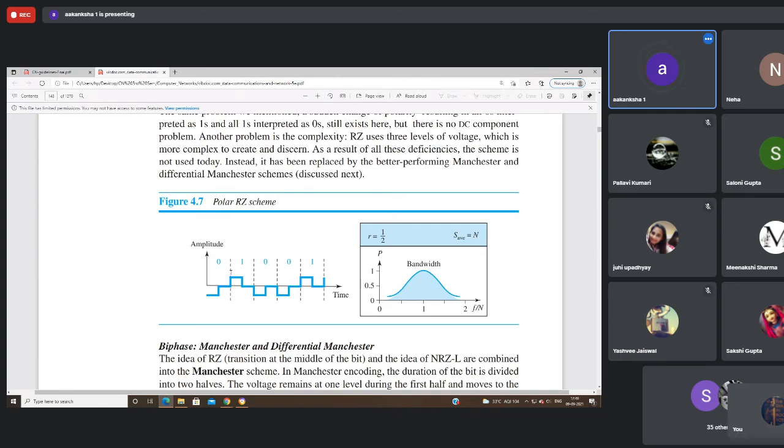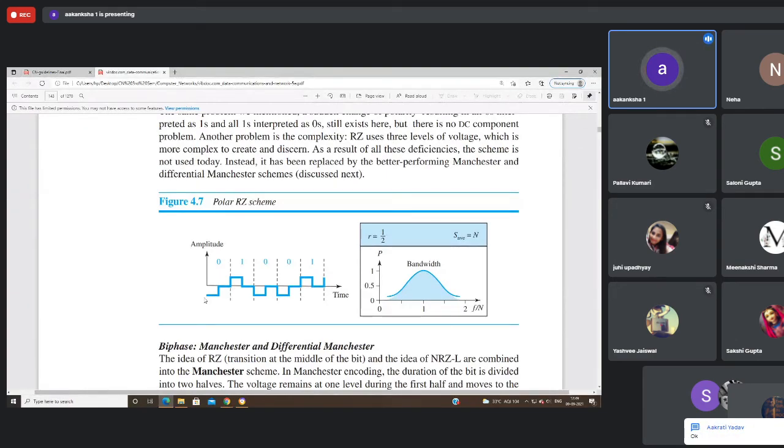It is for synchronization. Then 1 can be represented as positive to 0 to negative. Got the point? The signal is always returning to 0.